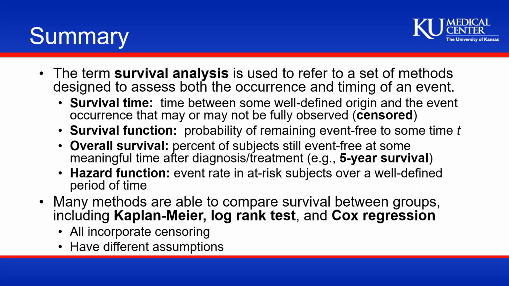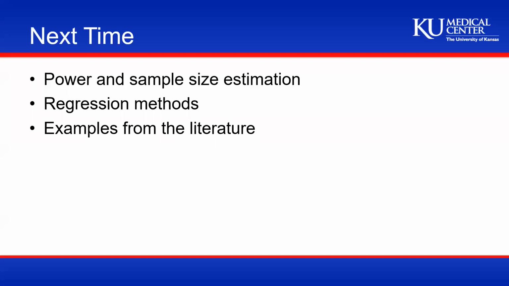They all incorporate that unique missing data called censoring, but they do have assumptions that have to be met, in particular Cox regression. And finally, the final point is that survival analyses extend beyond death. So any event of interest, as long as you have a well-defined, meaningful origin point, can be analyzed using these tools.